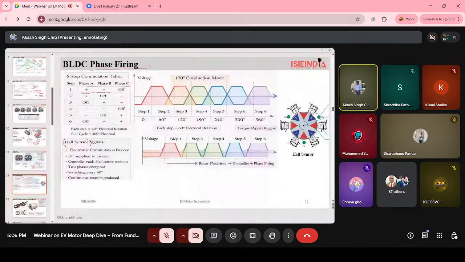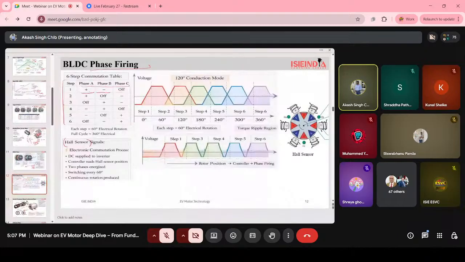Basically, we have 6 steps here. Positive, negative, off. Then positive, the phase B will be off. Then phase C is the negative part. So in total we have 6 steps to rotate the rotor part.